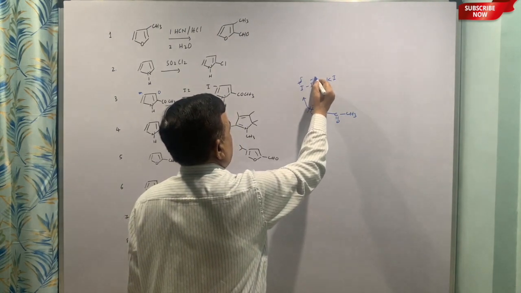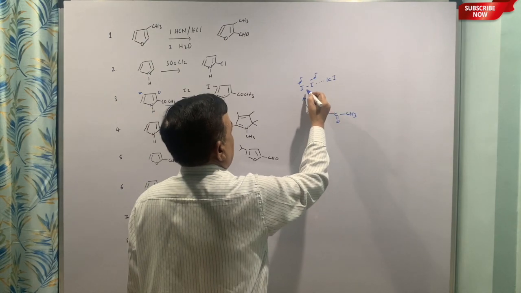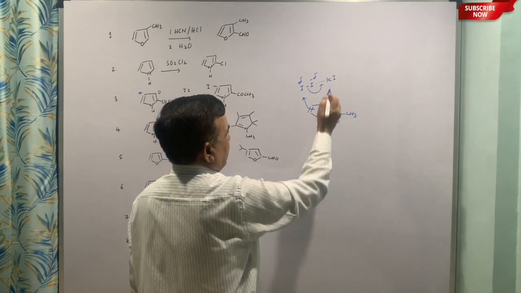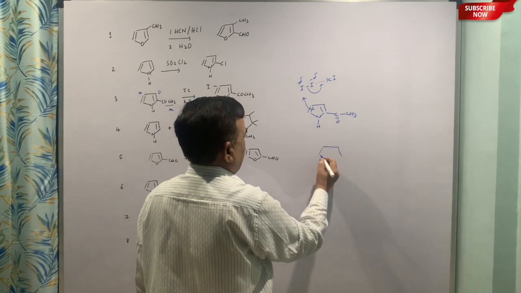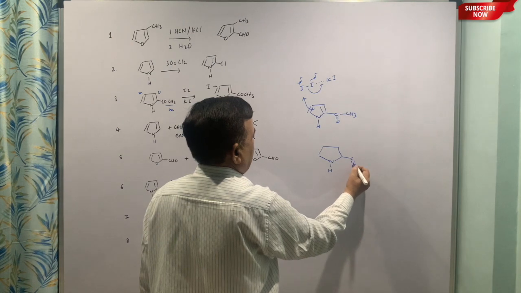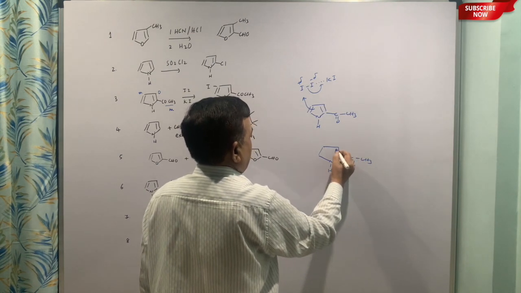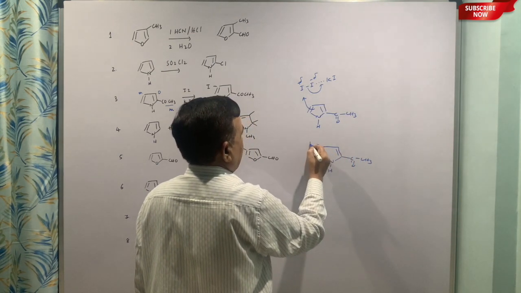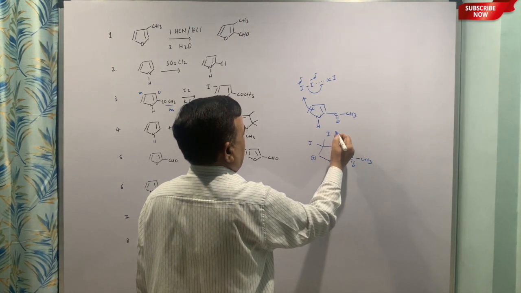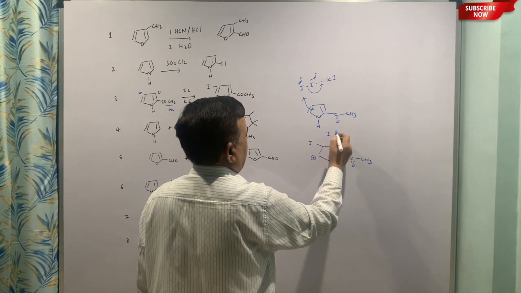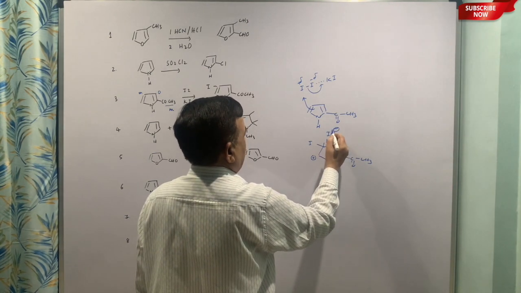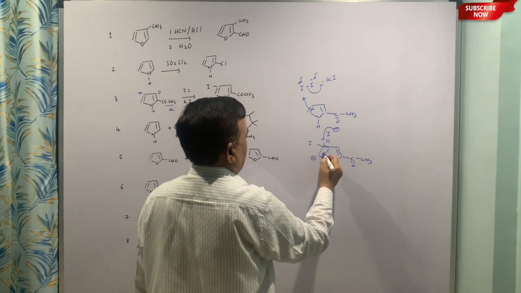What we can show is delta plus, delta minus, and then this will go off. So some polarization is there, and because of that it will be COCH3. This double bond is intact, and then it will be I plus, and of course the I minus can abstract the proton which is already there and help in the aromatization.